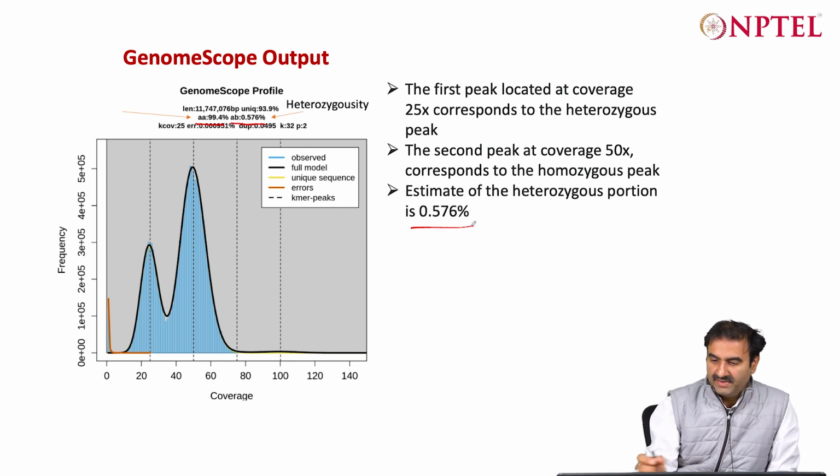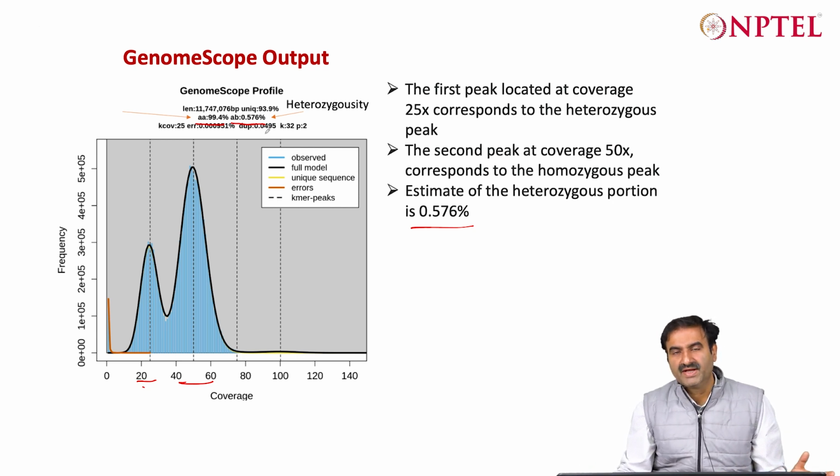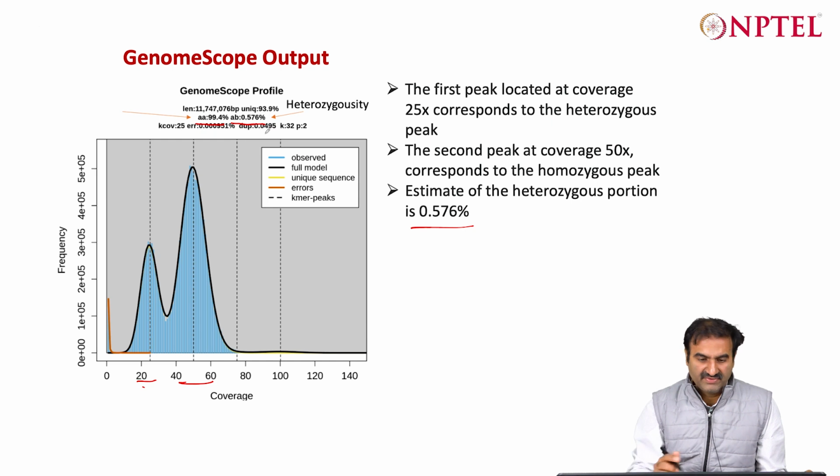Because you got two peaks here, one at 25x and another at 50x coverage. Two peaks means that it is heterozygous, and you are getting a low heterozygosity in this case, which is 0.576.